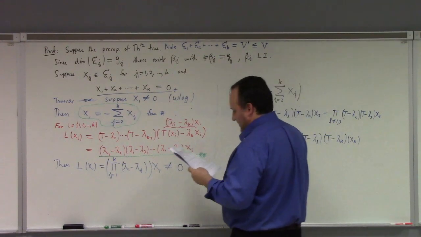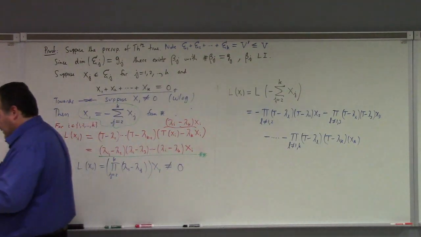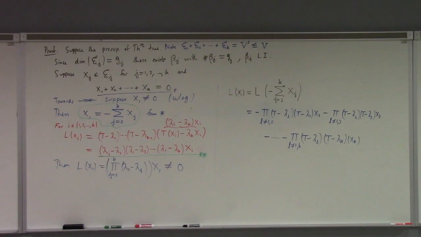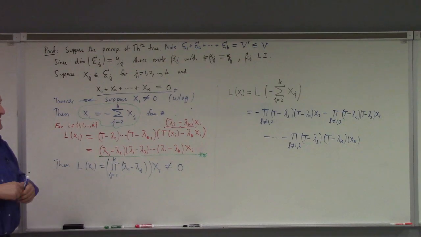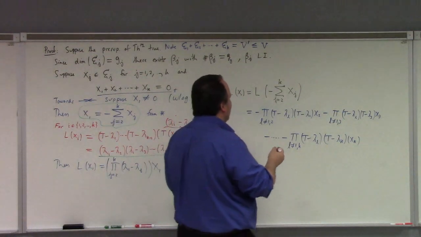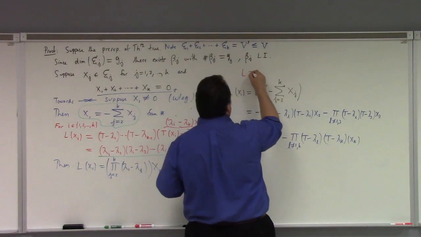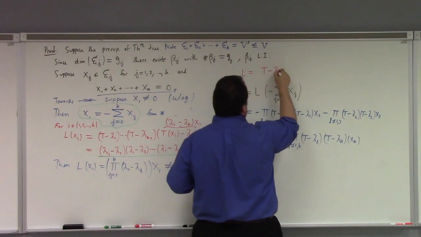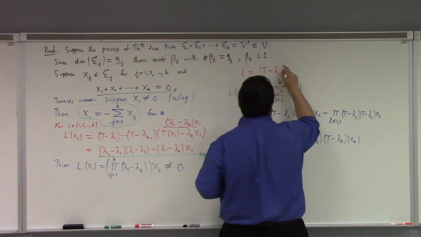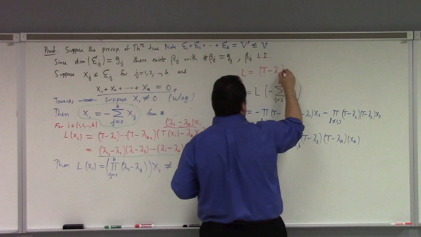All right, let me try to talk through what's going on here, because that's kind of the most non-trivial step in the argument. So what I'm arguing here is that L, which I have erased the definition of, you remember L was what? L was T minus lambda 2, T minus lambda 3, through T minus lambda k. We did everything but 1.